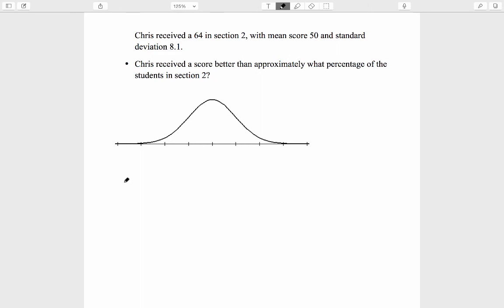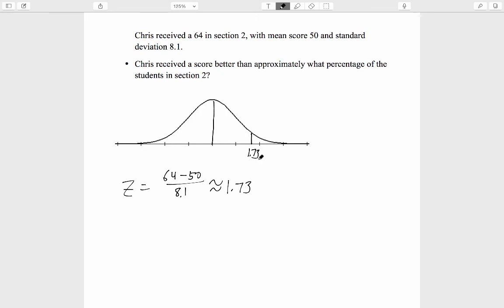Chris received a lower score, a 64, but that 64 was in Section 2, where the mean was also much lower. At the same time, the standard deviation was much higher. So 64 minus 50, all divided by 8.1, is approximately 1.73. Chris scored 1.73 standard deviations above the mean.